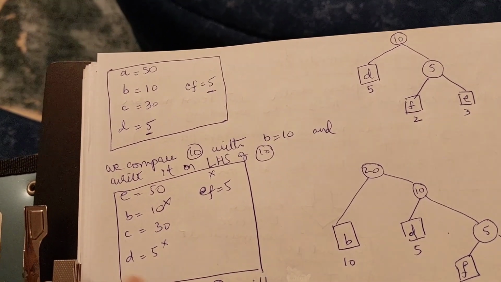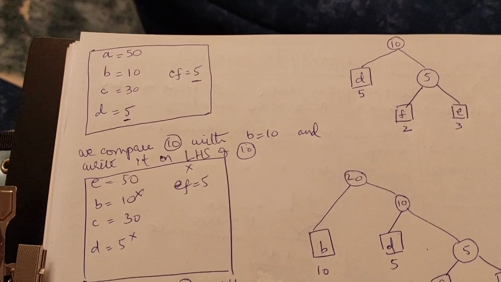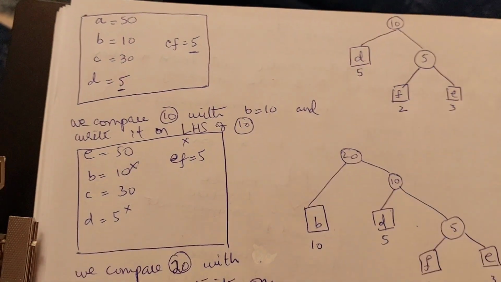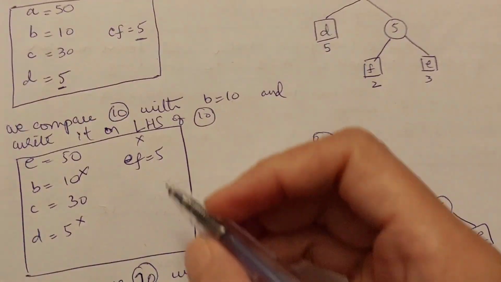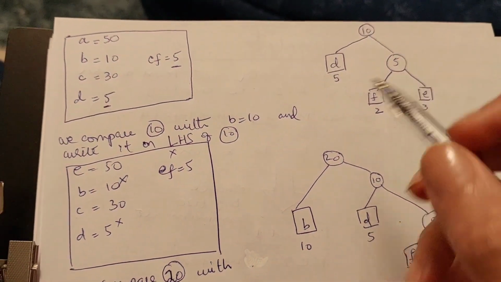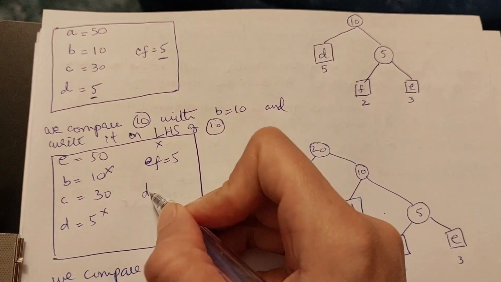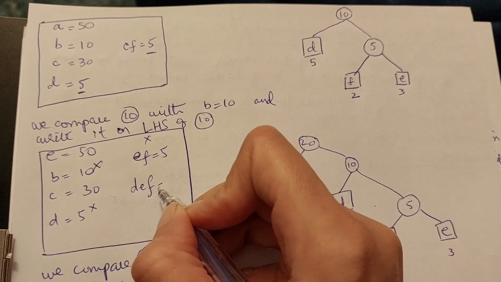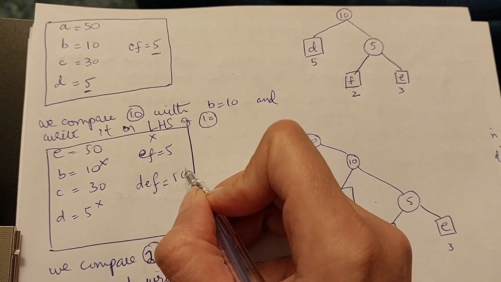Yes, this D will also be cut down, because you have also included that D into your Huffman code. So in place of D, E and F, I am simply writing down a single value, D, E, F, and its value is 10.